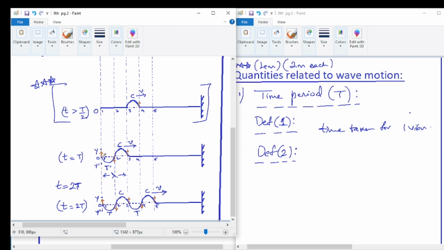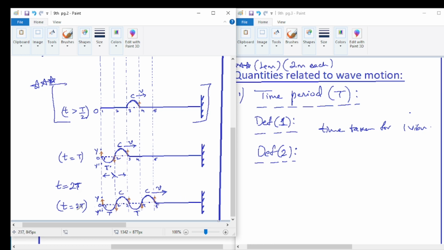Because it's passing from left to right, we can say that the disturbance wave has passed from left to right, started from particle 1 and reached here in one time period. So this is even clearer. In the second time period, one full wave has passed through this point. In the next time period, through particle 5 also, one full wave will pass in another one time period.